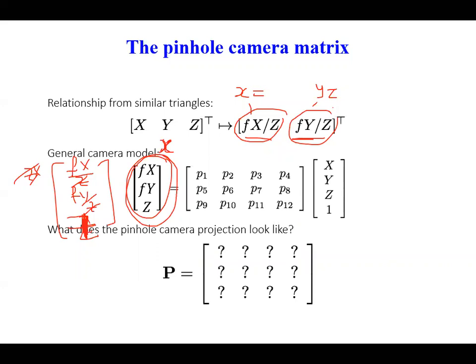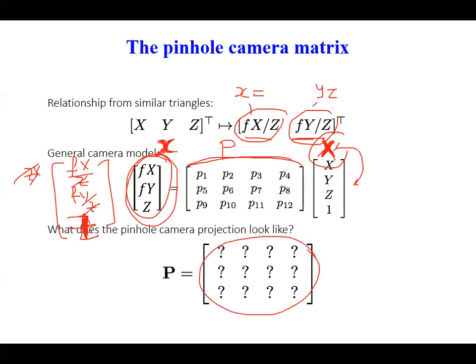Its x is fx capital, its y is fy capital, and its z is just z in the homogeneous domain. It will be equal to P, because x small, as we mentioned, is equal to P multiplied by X capital. This X capital in the homogeneous domain is x, y, z, and 1. This is point X, and that's why maybe put it like bold. And this is also bold.